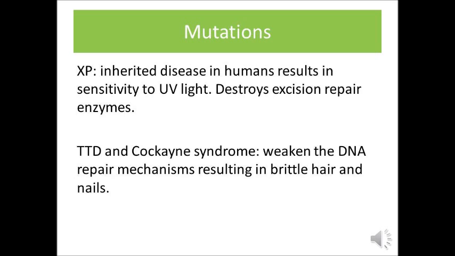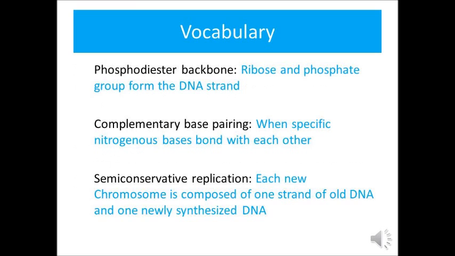Moving on to vocab review. So what is in a DNA backbone? The DNA backbone is going to consist of ribose, phosphate, and bases. What's complementary base pairing? Complementary base pairing is when specific nitrogenous bases bond with each other. Very straightforward.